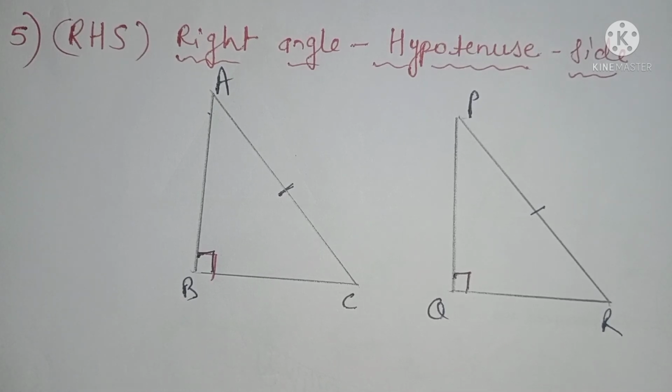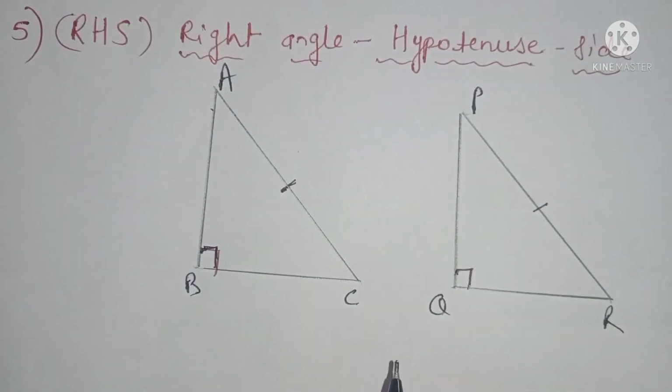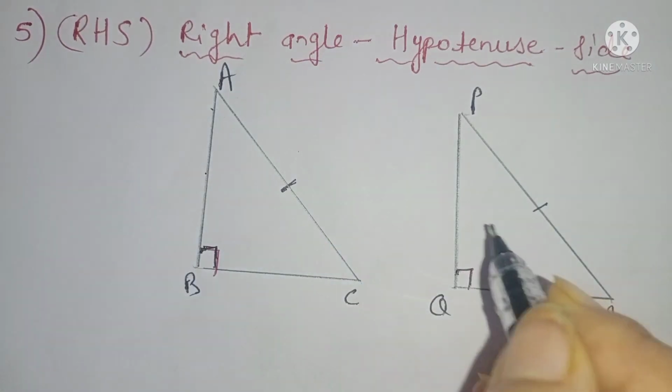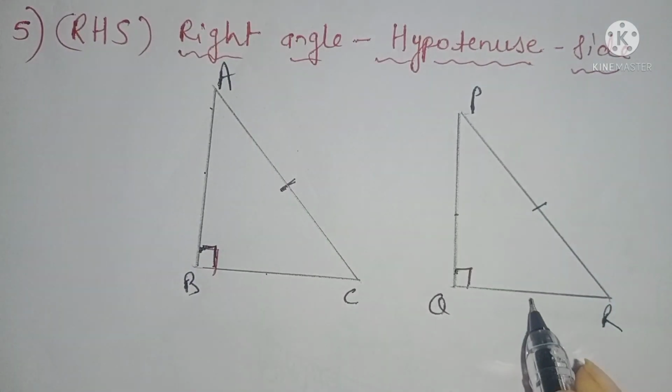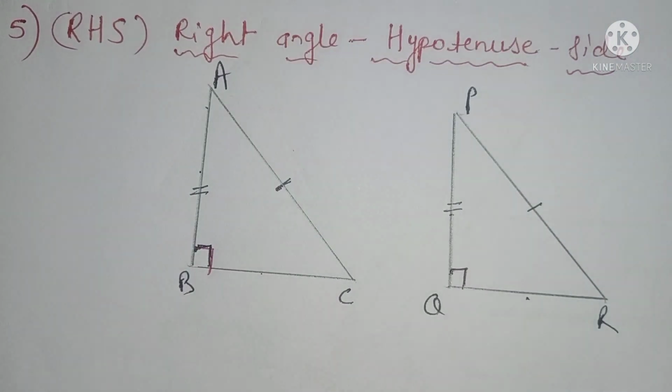Listen carefully. If in two right triangles the hypotenuse and one side are equal, a 90 degree angle must be there, the hypotenuse should be equal to the hypotenuse, and any one corresponding side, it may be AB and PQ, and it may be BC and QR also. You can take any one side. Suppose AB is equal to PQ is given. If they are equal to the hypotenuse and one side of the other triangle, then the two triangles are congruent.